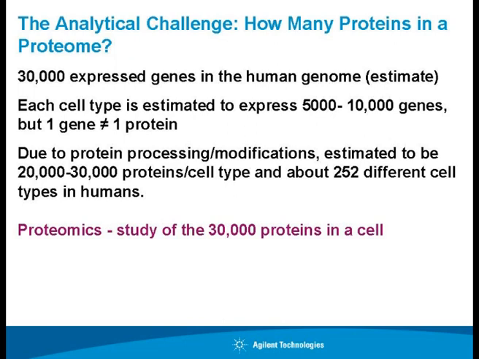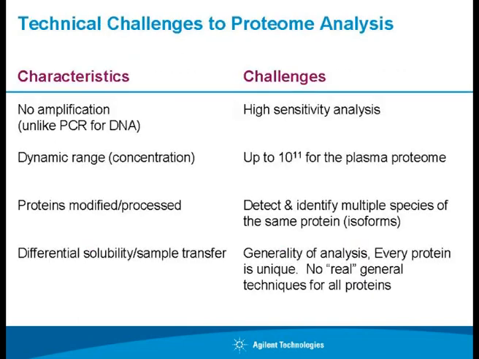So due to protein processing and modifications, it is estimated to be 20,000 to 30,000 proteins per cell type, and there are about 250 different cell types. So you can see the dynamics and the complexity. Slowly it is increasing. That is the challenge. You have to typically identify close to 30,000 proteins in one cell, and you can imagine there are 250 cell types. So it's quite complex.